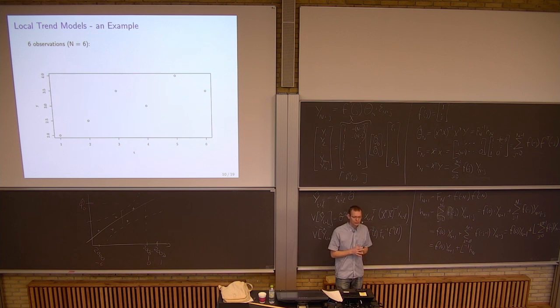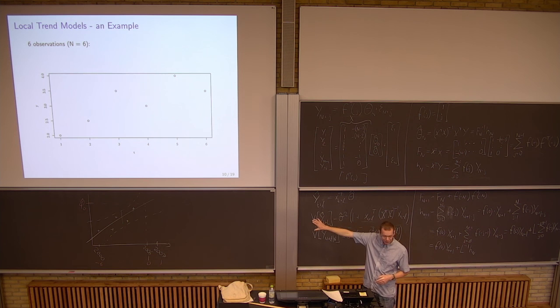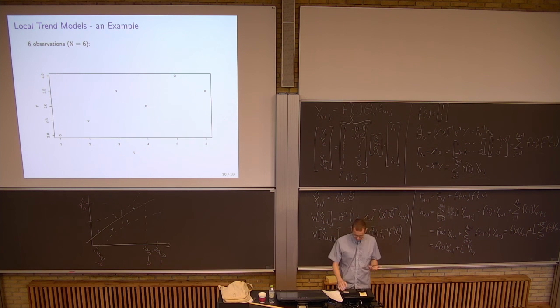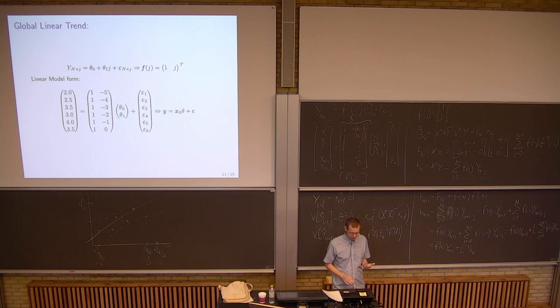So a brief example, similar to what I have down there. We have 6 points. Following the definition up here, we have a linear regression setting, with time relative to the most recent observation, so your time index goes from 0 down to -5.